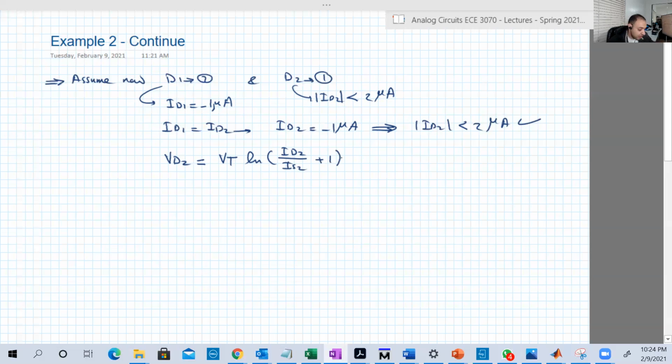You plug in the number, which is minus 1 microampere here in that relation, and IS is also known. Then you will get your VD. VD from that will be, let's see here, minus 18 millivolt.